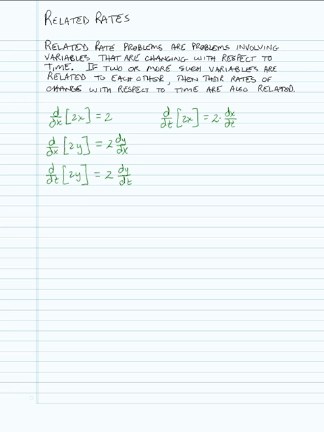Now, carrying that a little bit further, we could ask, for instance, what's the derivative of 3y to the 4th power with respect to t? Well, remember how we did that in the implicit differentiation section. We'd take the exponent 4 and multiply with the coefficient 3 and get 12. We'd reduce the exponent on y by 1, but remember y is parentheses with t stuff inside of it now, and so we'd multiply that with the derivative of y with respect to t instead of x, because what we're taking the derivative with respect to is the variable t.